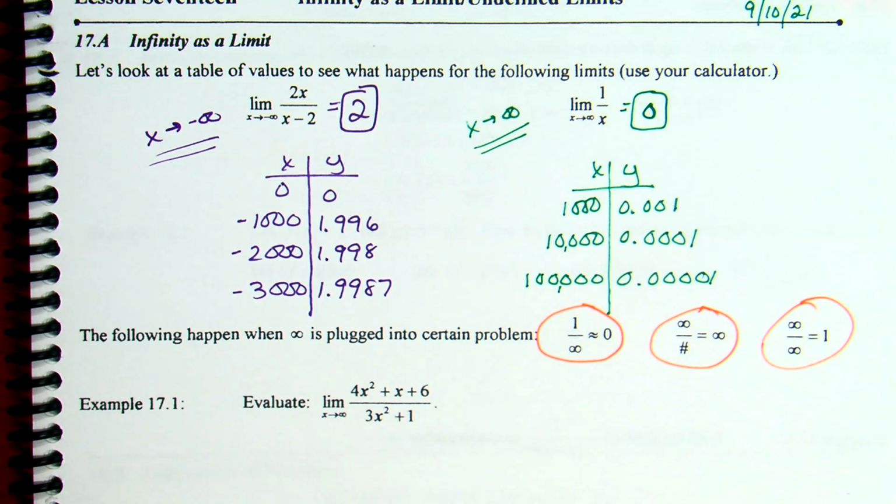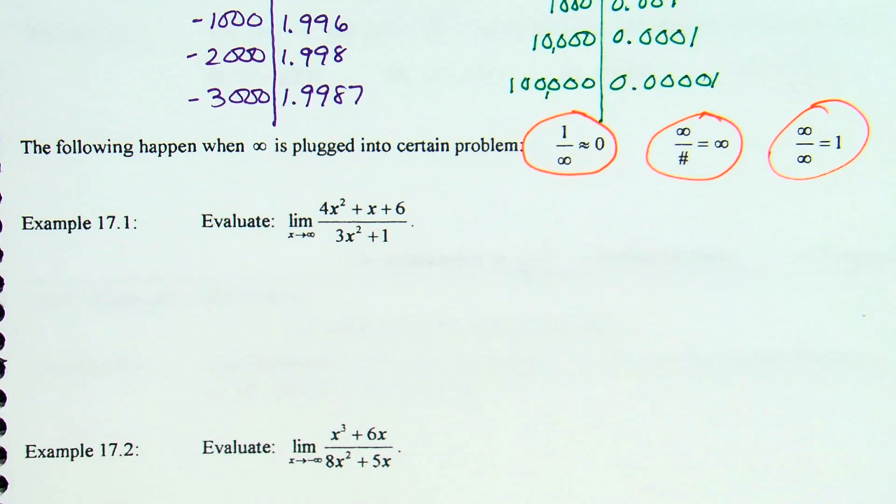So, as we look at example 1, the limit as x approaches infinity of this fraction. If you just plug infinity in, it's 4 times infinity squared plus infinity plus 6 divided by 3 times infinity squared plus 1. Say what? Okay, and this is where we can't just fully plug infinity in as is.